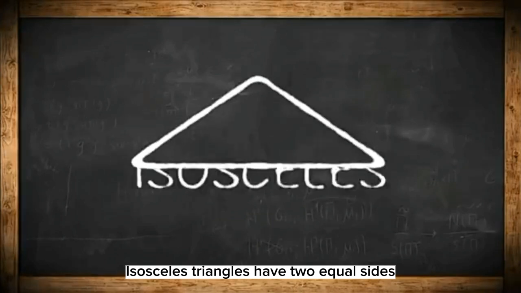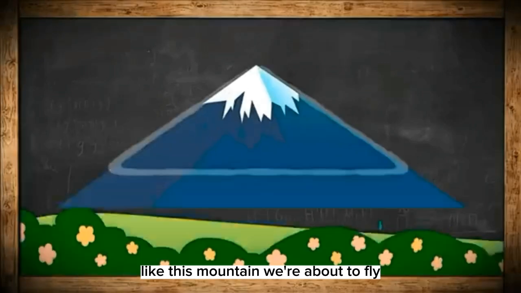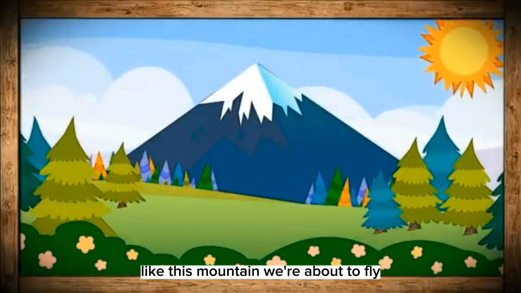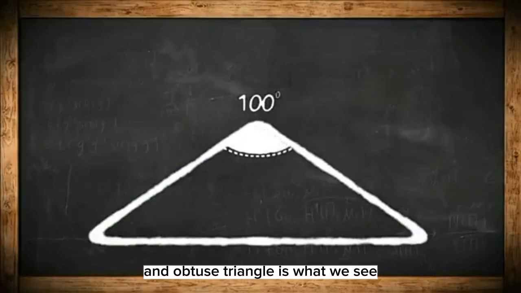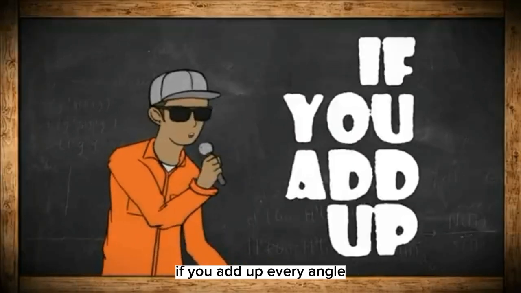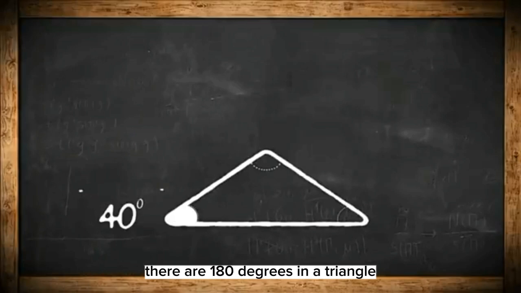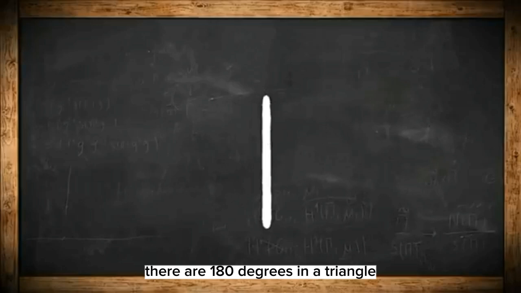Isosceles triangles have two equal sides, like this mountain we're about to climb. And since one angle's over 90 degrees, an obtuse triangle is what we see. If you add up every angle, there are 180 degrees in a triangle.